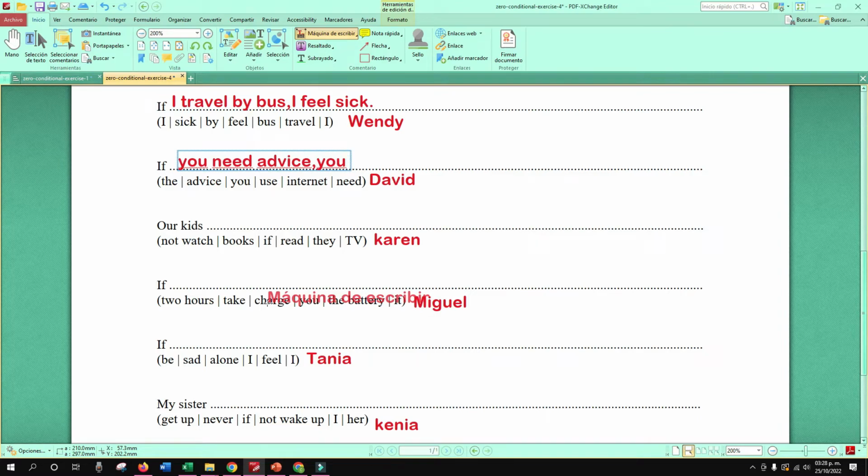Or use, we don't have another you, right? So use the internet, right? So if you need advice, use the internet. So there you have the if clause, then the result, use the internet. Or you can write you need to use it, or you have to use the internet, but in this case use the internet, right? So nice, just fix it, Mr.